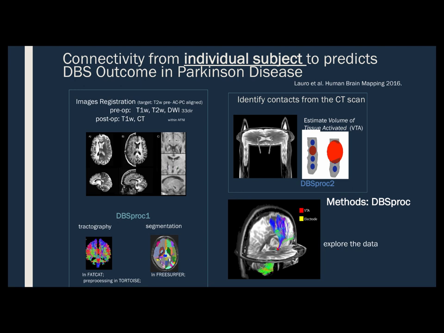Once the electrode is in the brain, we can find exactly, through registration of the different images used for the surgery, where the contact is, and we can use that information to do tractography on the diffusion data collected before surgery and try to figure out where the stimulator is stimulating, based on the actual location and the actual voltage of the stimulation.